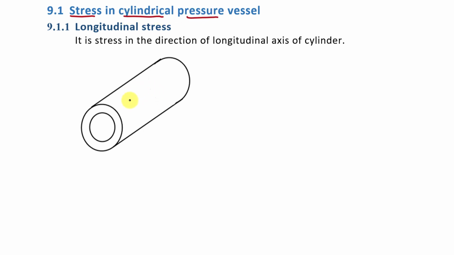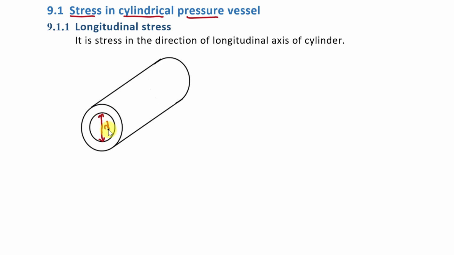Now here in the figure you can see that we have this pressure vessel which is cylindrical in shape. Here actually these both ends are closed, but it may be open at one end. Means if it is vertical cylindrical pressure vessel, then upper end of cylindrical pressure vessel may be open. Fine? Here this is the inner diameter of this pressure vessel.